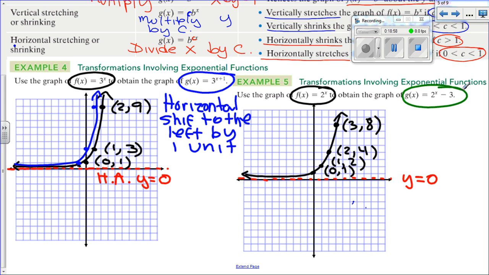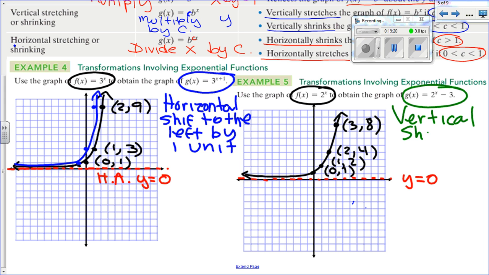So now, function g, it is a transformation. So, Jonathan, what type of transformation is that? Vertical shift. Vertical shift, up or down? Down.